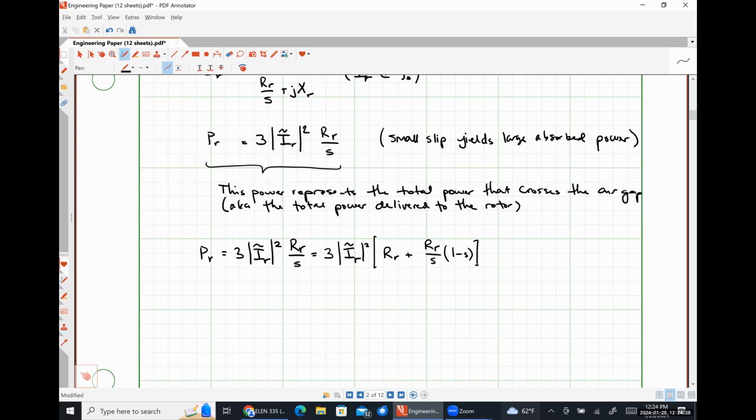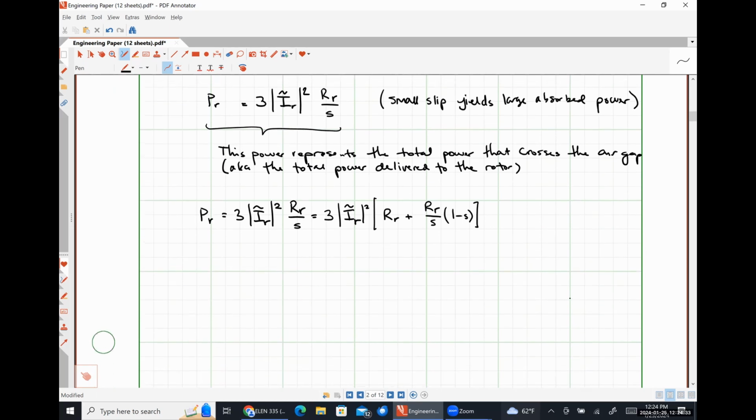So if we look at what that literally means here, I'm going to do this in a different color just so that we can see what algebra has happened effectively. So I have my rotor resistance plus my rotor resistance over slip minus S times my rotor resistance divided by the slip, which means this guy and this guy literally just cancel each other out.